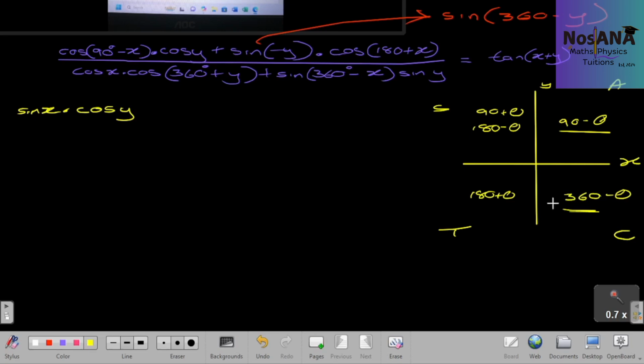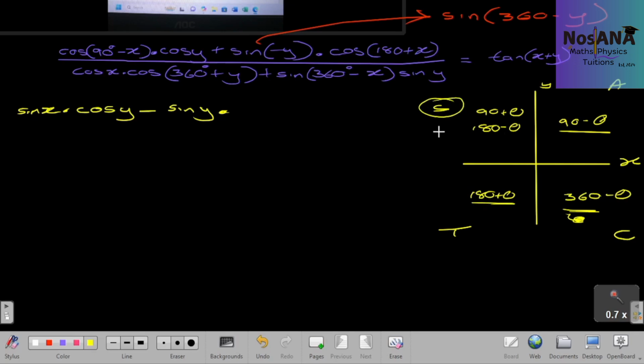We're going to change that, right? We're going to write plus. Usually it's supposed to be plus, but now we have it in the fourth quadrant, so it becomes negative, so it will be minus sine y, right? But then we are multiplying it with cos(180 plus x). See here, cos(180 plus x) is in this quadrant.